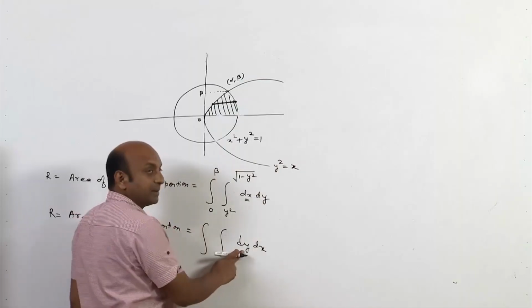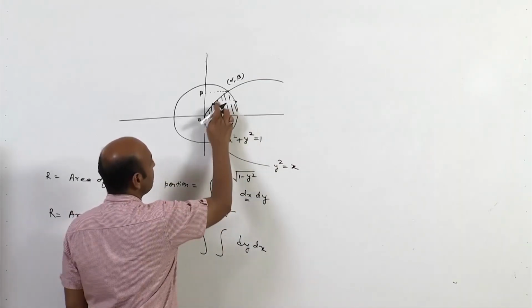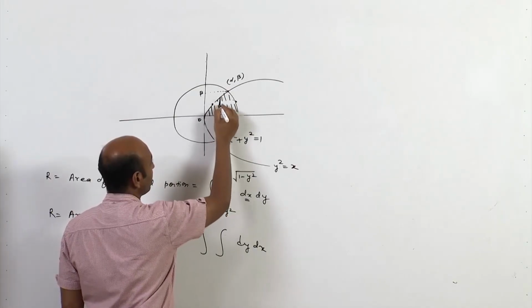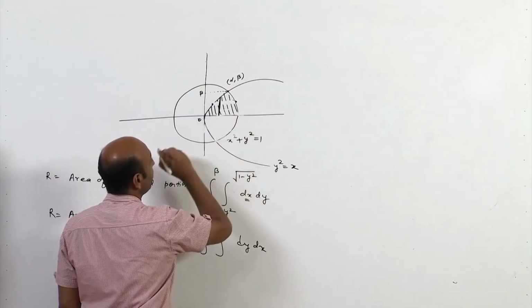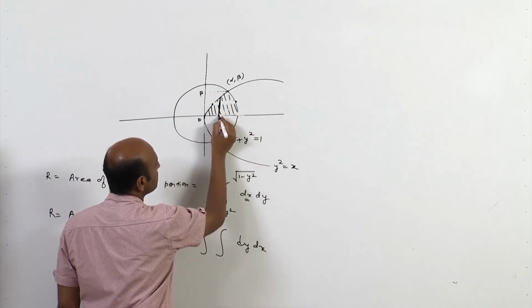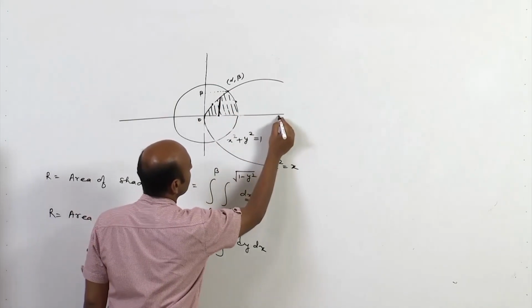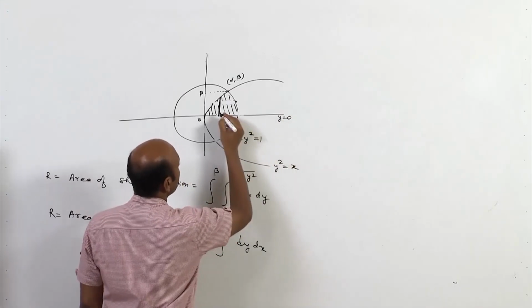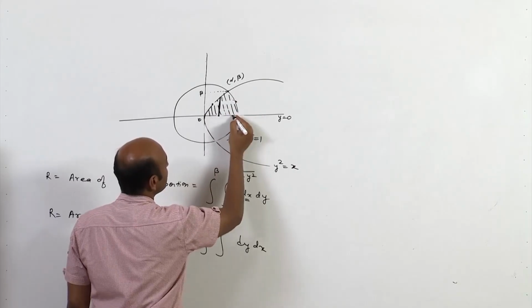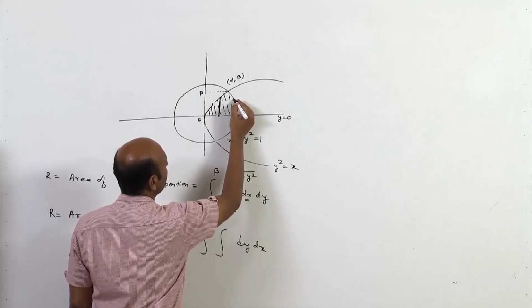So you have to take a strip parallel to y axis. If you take a strip parallel to y axis here, the lower bound is y equal to 0 and the upper bound is this. However, if you take the same strip over here, the lower bound is y equal to 0 and the upper bound is on the circle.